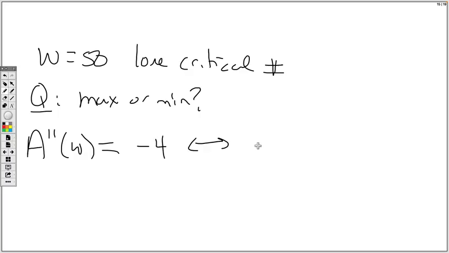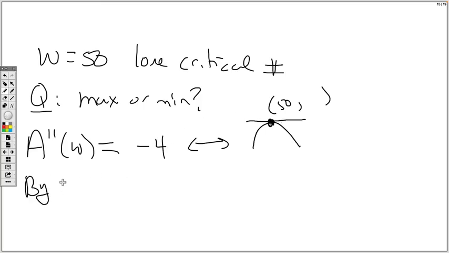And so what does that tell us? Graphically, that means that this graph is always what? Second derivative is negative, it's concave down. And we know that at 50, it was flat.